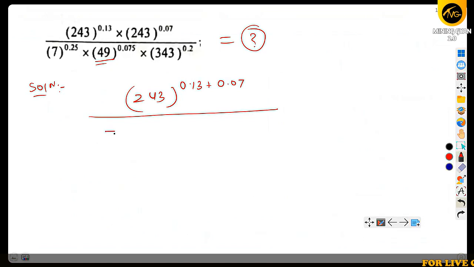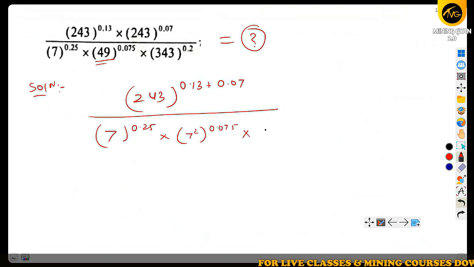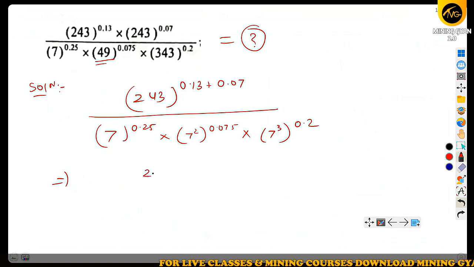So we write 7 power 0.25 multiplied by 7 square power 0.075 and multiplied by 7 cube power 0.2.